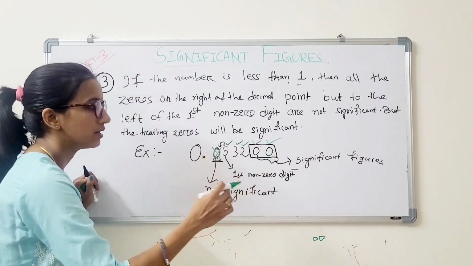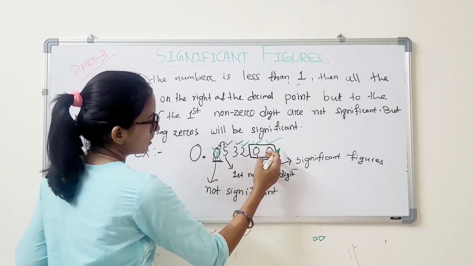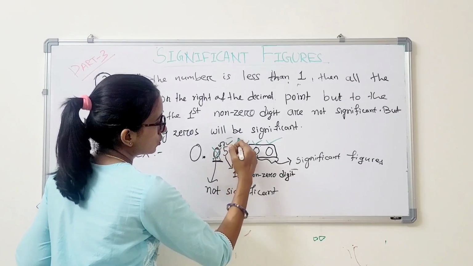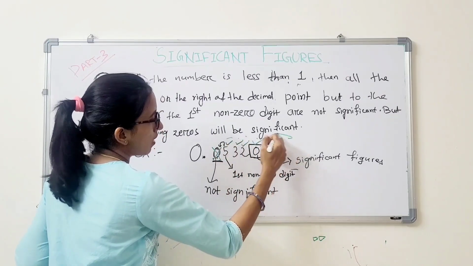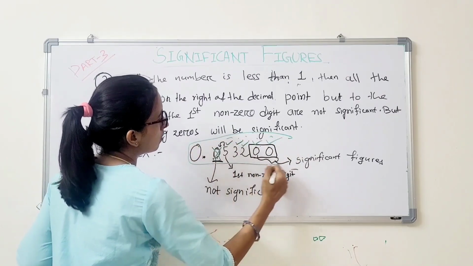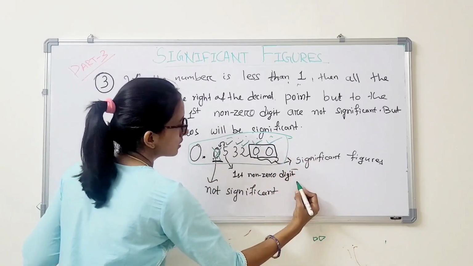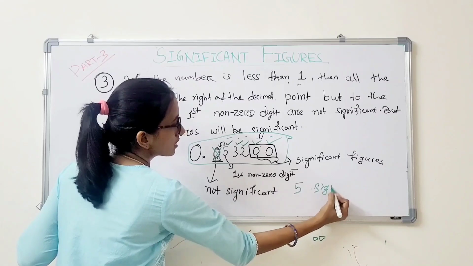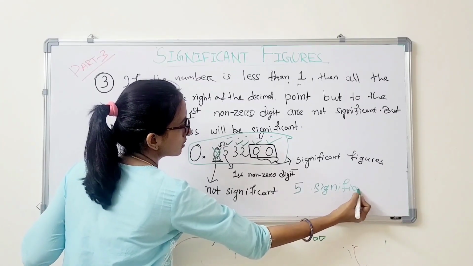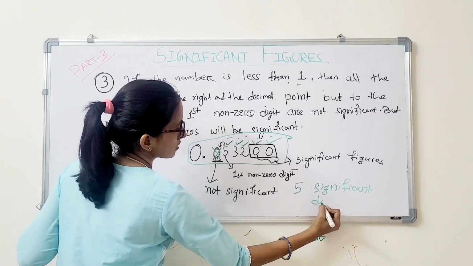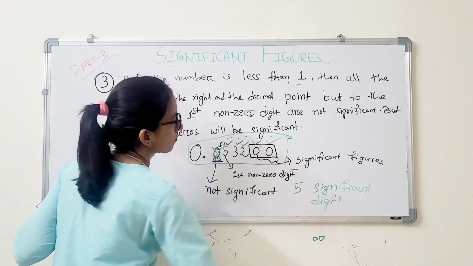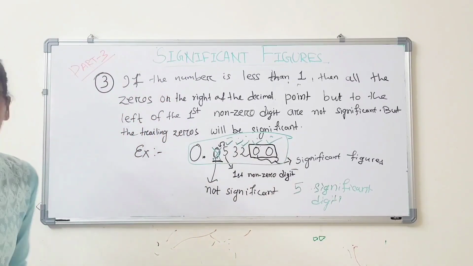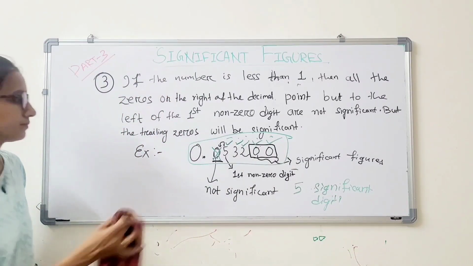So these are 1, 2, 3, 4, 5. There are 5 significant digits in this case. Okay? We can take another example also.